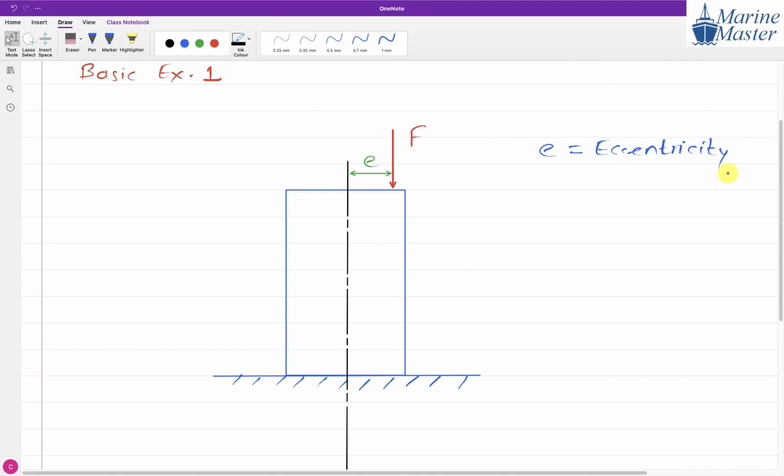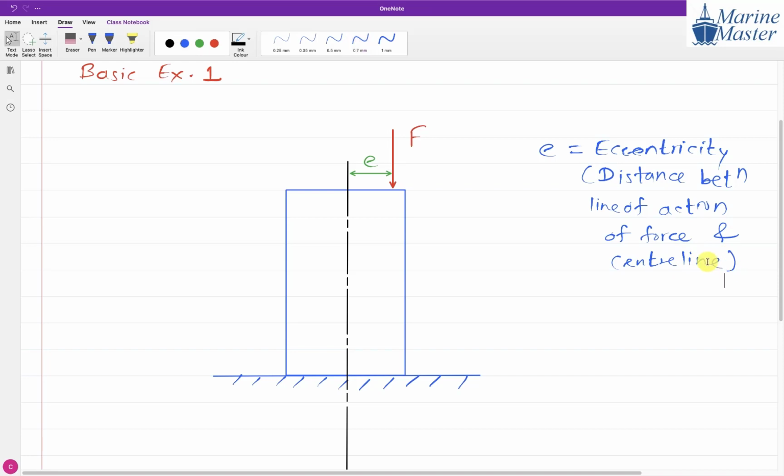Small e stands for eccentricity. You may have heard this term in mathematics. It is the distance between the line of action of force and the center line. Line of action means, this is the line of action of force F. So e stands for eccentricity, and it is the distance between the line of action of force and the center line.